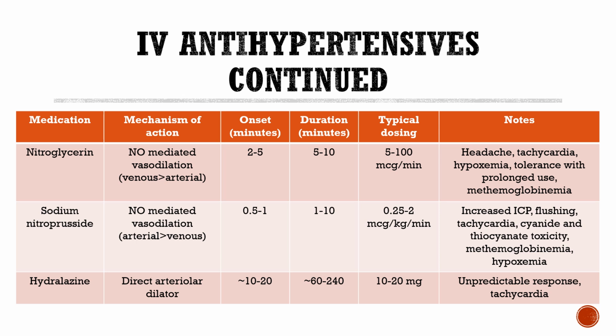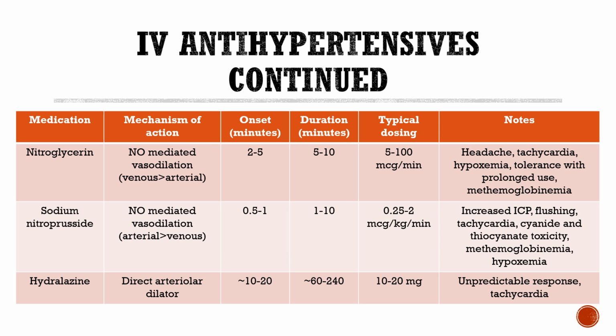Both of these agents are associated with some side effects. Classically, sodium nitroprusside is associated with cyanide and thiocyanate toxicity, as well as methemoglobinemia and hypoxemia, which can also be seen with nitroglycerin. Hypoxemia is believed to be due to ventilation-perfusion mismatch.